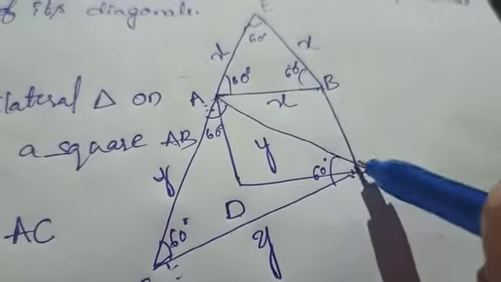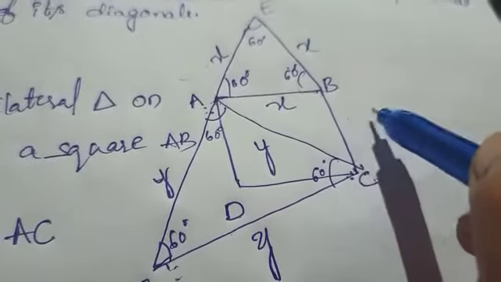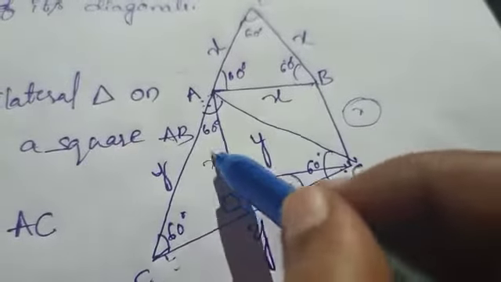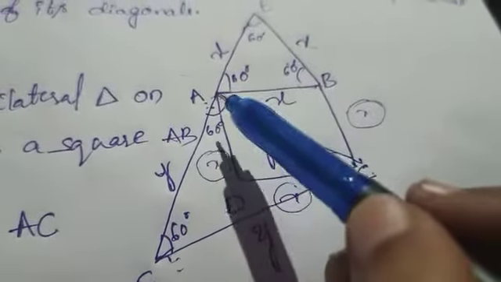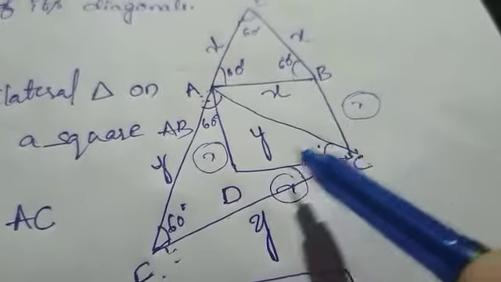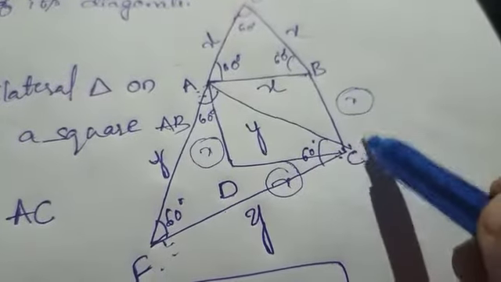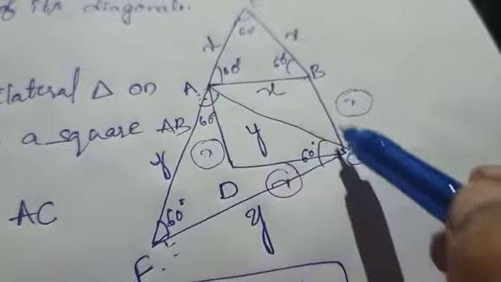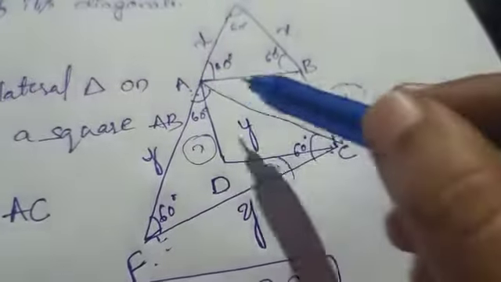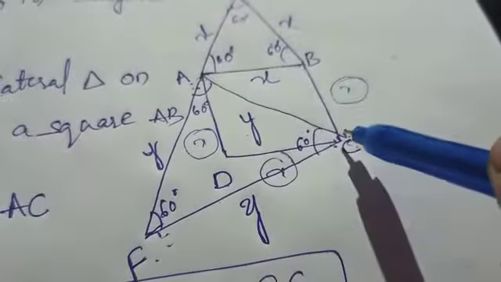In a square, all sides are equal. Here AB equal to x. So BC also x and DC also x, AD also x. Here one side equals x units. Using Pythagoras theorem, ABC is a right angle triangle. So apply Pythagoras theorem.